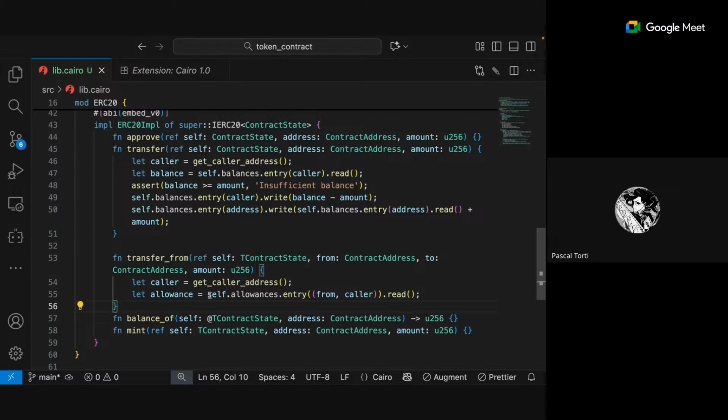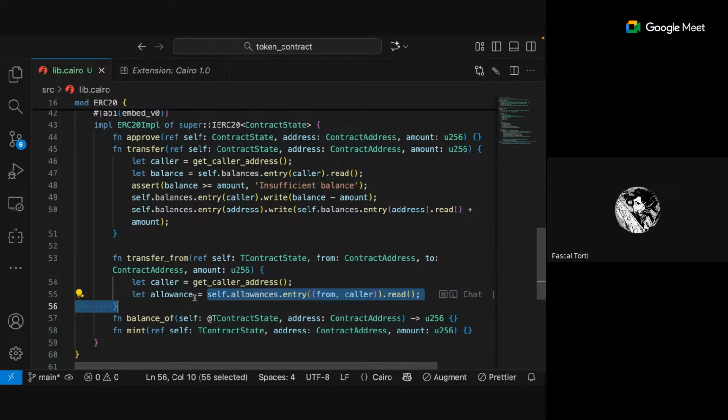I have to check if this person whose money I want to use has actually given me permission to use that amount. Like I said earlier, Goodness might make me take charge of just $100 out of 200. So if I want to transfer from on behalf of Goodness, the amount must not be greater than 100. That's why I'm going to get this allowance.